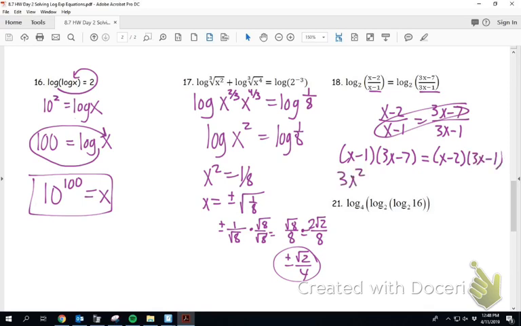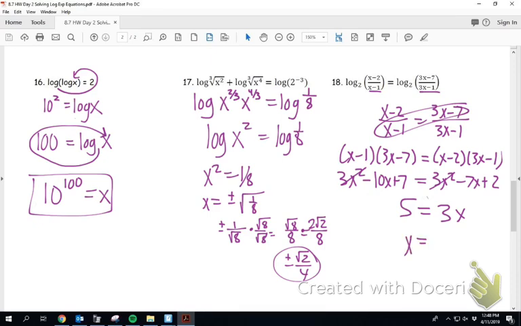Distribute, and then set it equal to 0. My x squareds are going to go away. I'm going to get 3x is equal to 5, so x is equal to 5/3.